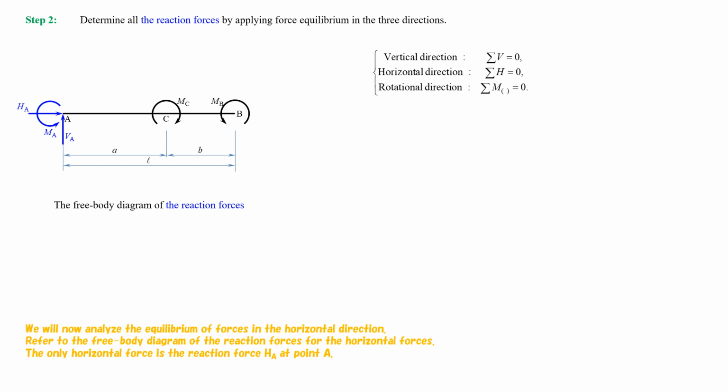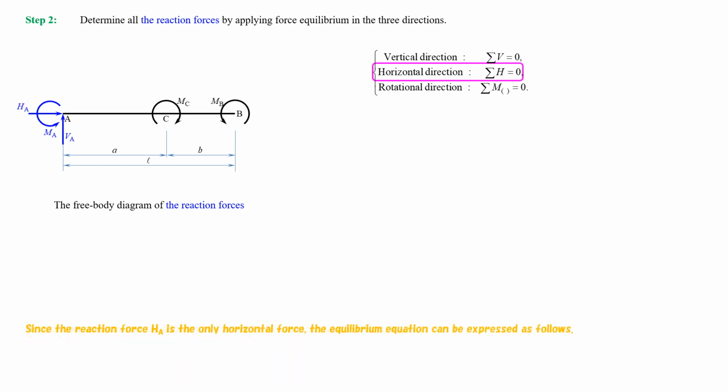We will now analyze the equilibrium of forces in the horizontal direction. Refer to the free body diagram for the horizontal forces. The only horizontal force is the reaction force HA at point A. Since the reaction force HA is the only horizontal force, the equilibrium equation can be expressed as follows.